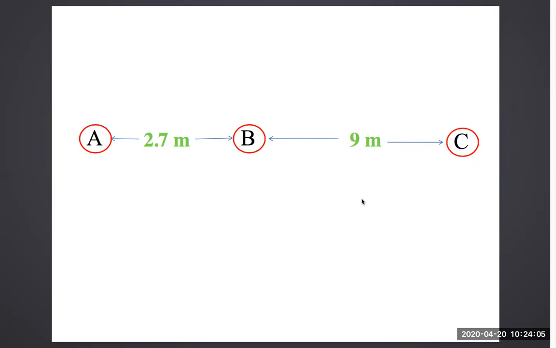So Benkelman beam deflection studies are taken at 3 points. The first is known as the initial reading, always represented by D0. The initial reading is A point, B will be the intermediate reading and C will be the final reading.